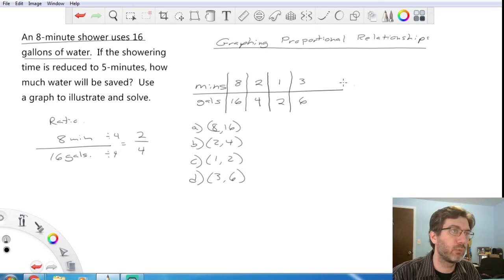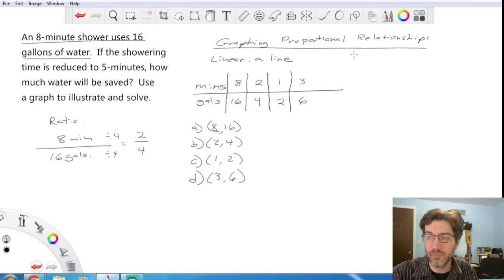Bottom line is, though, when it comes to graphing proportional relationships, these are going to be linear, which means they're going to be a line. So when it comes to lines, you really only need 2 points, because that's the definition of a line.